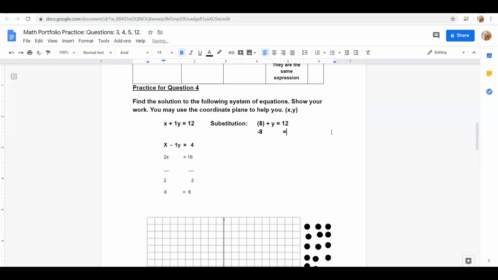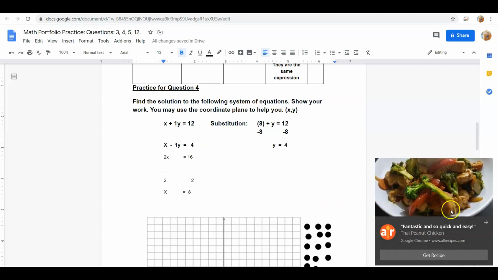If you don't do it on both sides, we will not get the right answer. 8 minus 8 is going to be 0, so we don't have to put anything. Our y drops down. Our equal sign definitely drops down. And 12 minus 8 is equal to 4. So y is equal to 4.